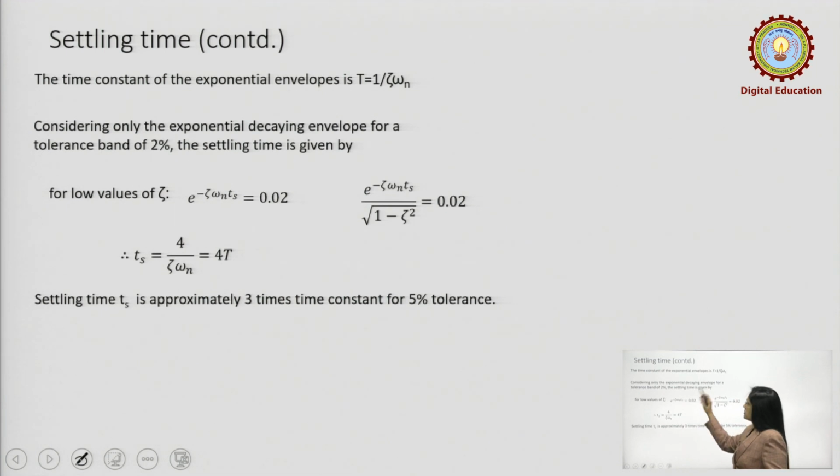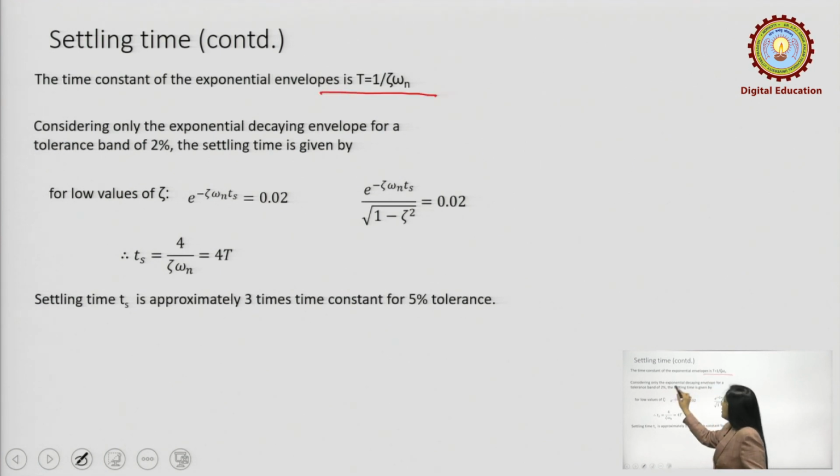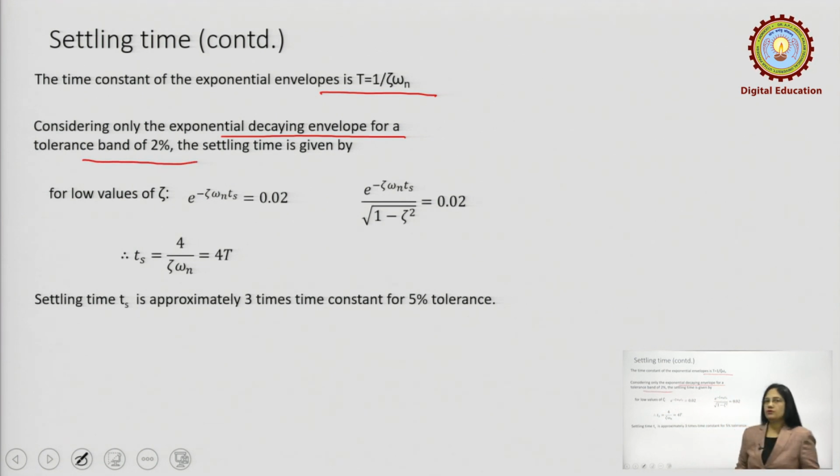So, we are considering only the exponential term, since we are looking at the settling time, and that exponential term is taken for a condition with a tolerance band of 2%.